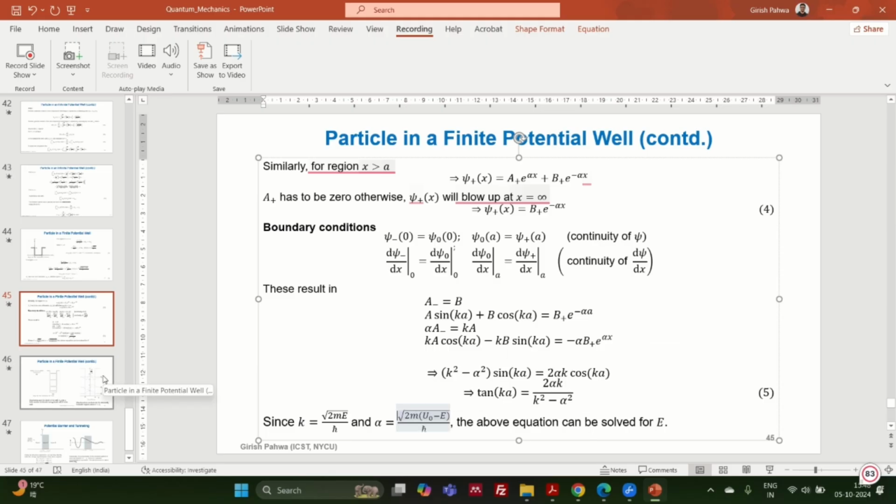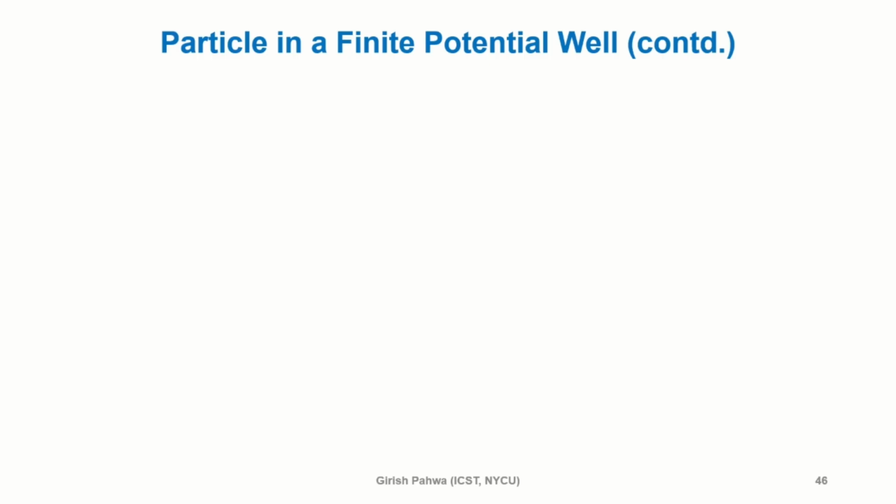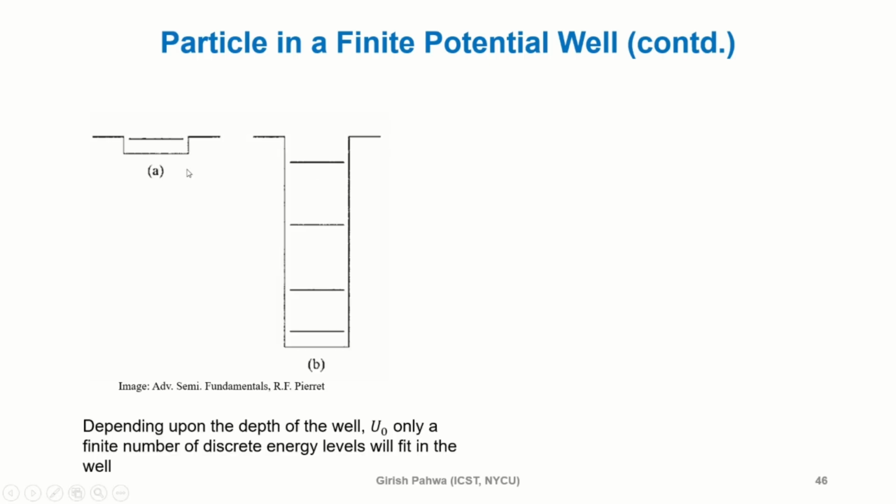So what you get is something like this. For example, if your U naught is very small and you have some A, only one solution is possible, only one energy is fitting into this well. If you have a U naught which is deep enough, there can be some finite number of energy eigenvalues which fit into the well, right?